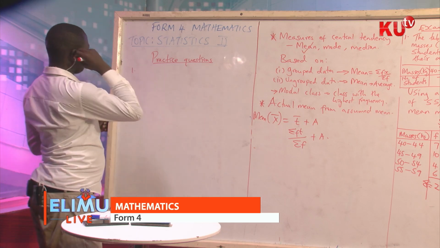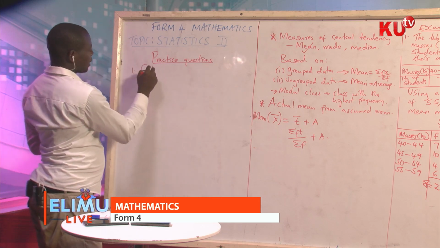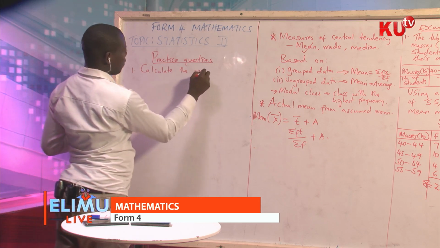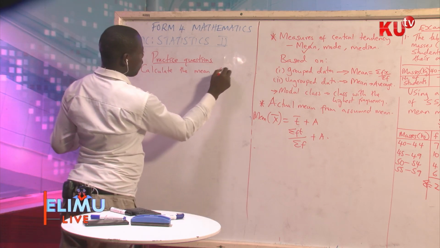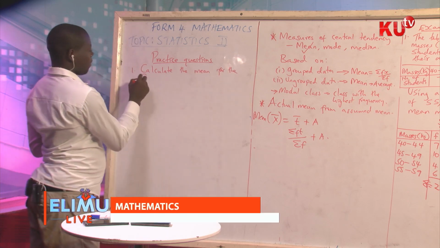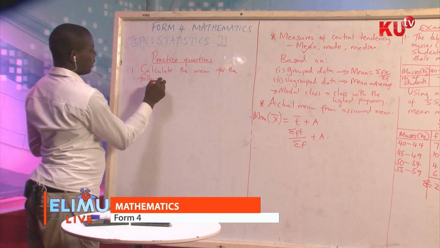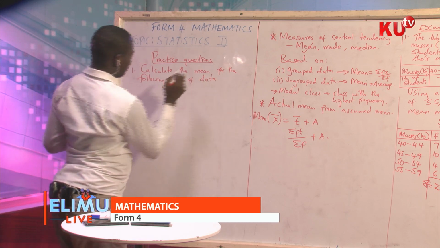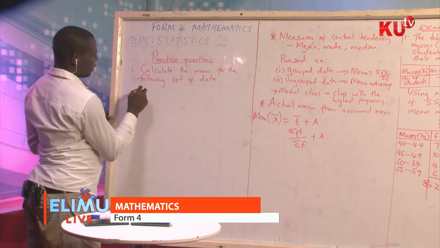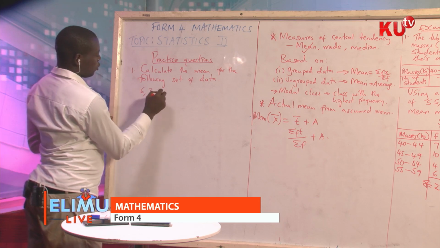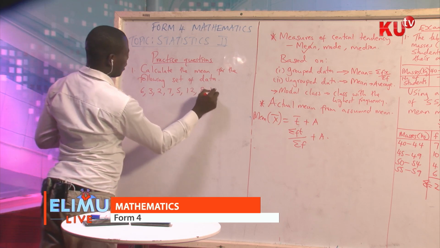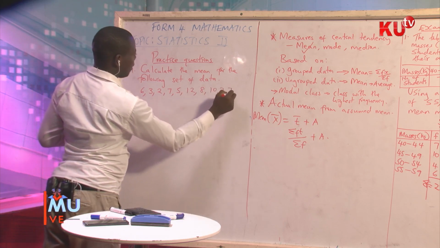Number one, calculate the mean for the following set of data: 6, 3, 2, 7, 5, 12, 8, 10, 3, 7, 5.